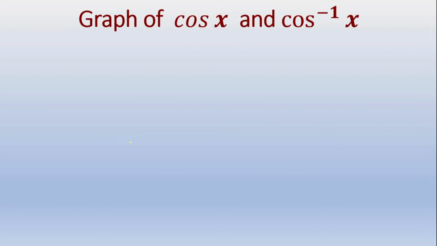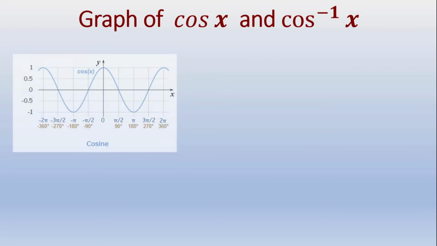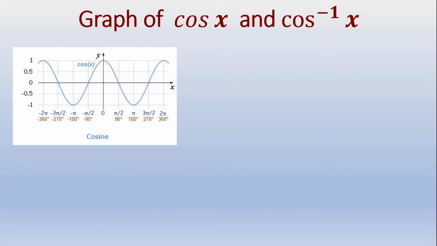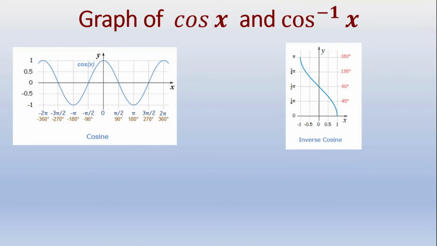Now let's see the graph for cos x and cos inverse x. This is the graph for cos x. Here again I've taken the interval from -2 pi to 2 pi. Here also we will take the interval 0 to pi, which will be the principal branch for cos inverse x.